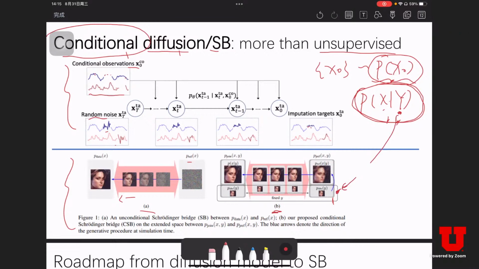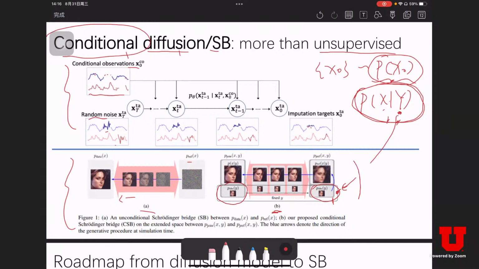There is a very low resolution image, and based on the low resolution image, we replace the other part with some noise, and finally we can get a high resolution image, but remain the faces or the man or something.